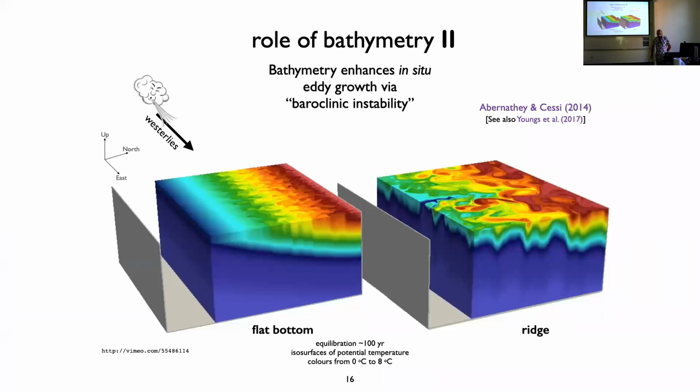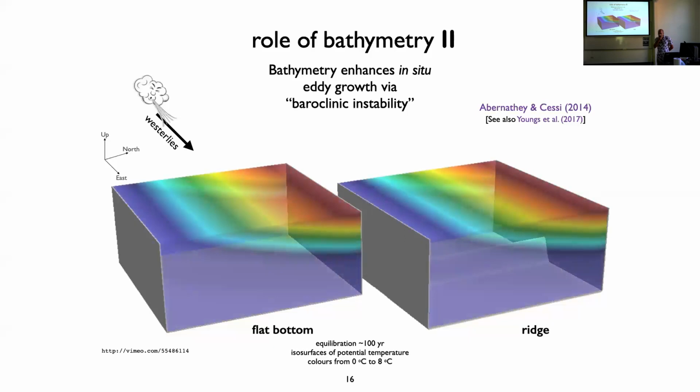And here's another way that the topography is very important. Here are some other results from an idealized version of the Southern Ocean. Now, the wind blows out of the page towards you. And in these two simulations, one has a flat bottom and one has a ridge, a mountain.